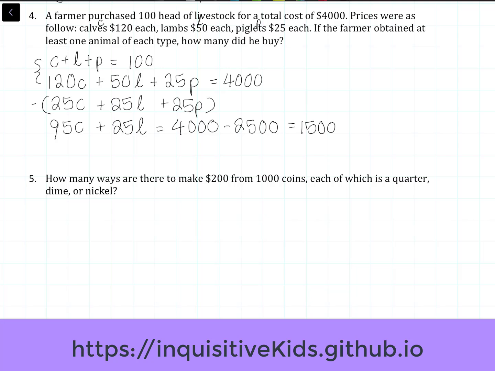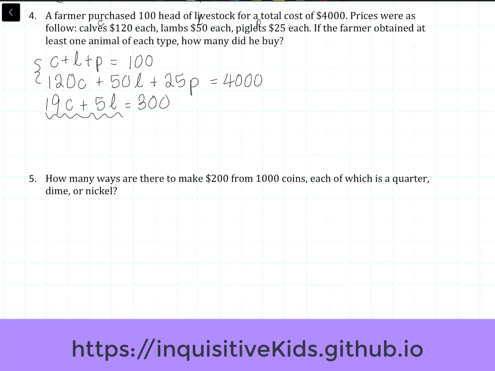We can simplify this even more by dividing both sides by 5. So 19C plus 5L is equal to 300. So this is our final Diophantine equation. Now the first step is to check if it has a solution. Well, the greatest common divisor of 19 and 5 is equal to 1, meaning that there is a solution.